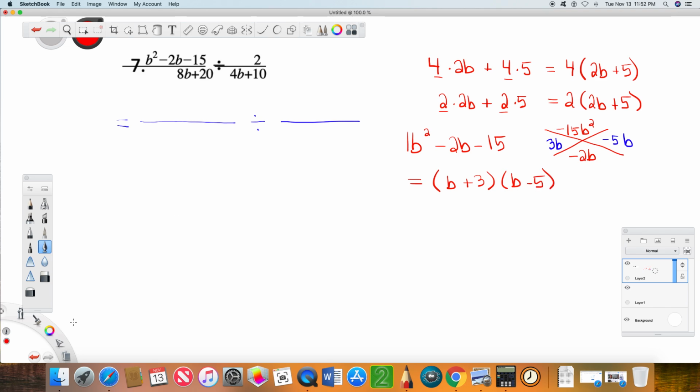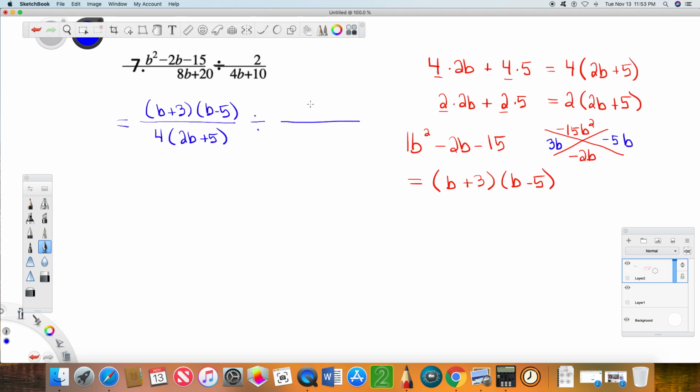All right, so let's come back to our problem. Our first numerator here, we just got done factoring that trinomial. We've got it to be b plus 3 times b minus 5. This denominator, 8b plus 20, that's where we started up here, and we have 4 times 2b plus 5.